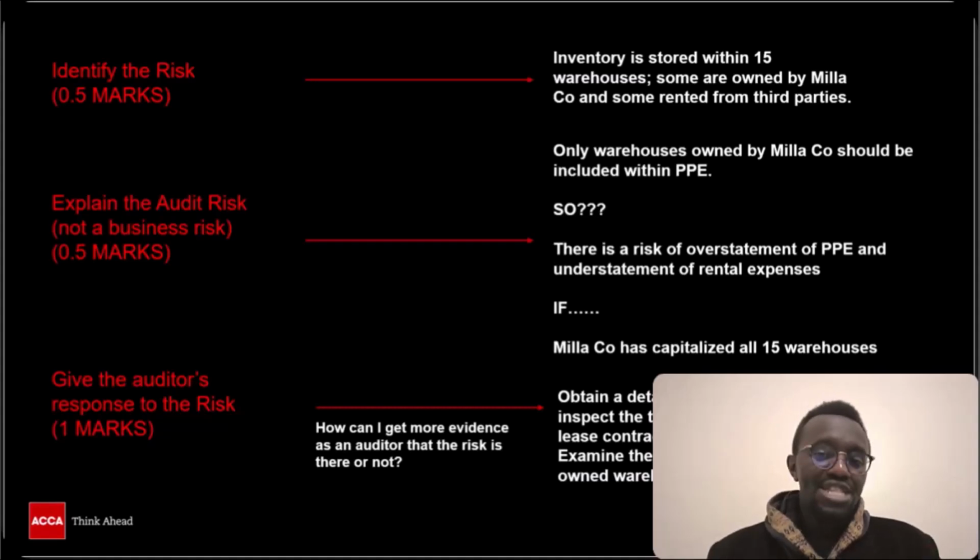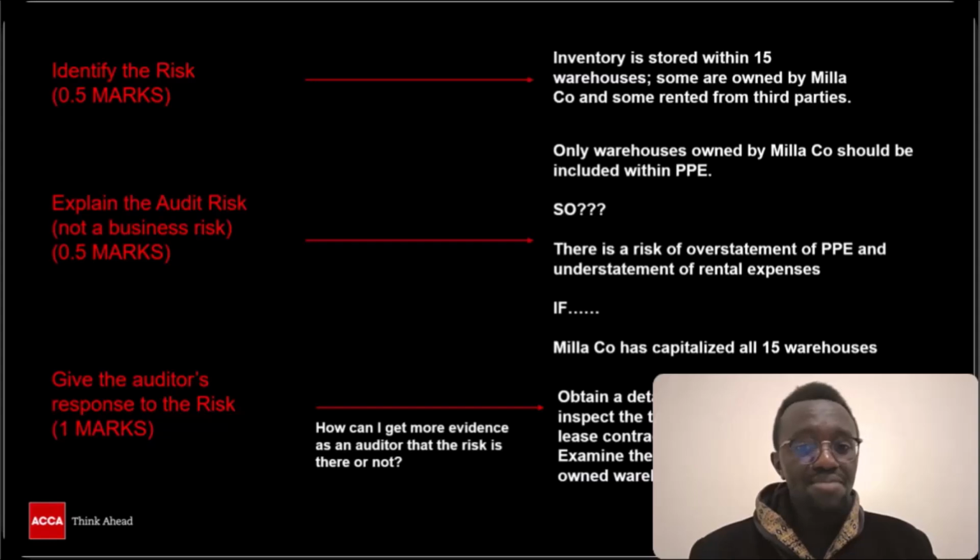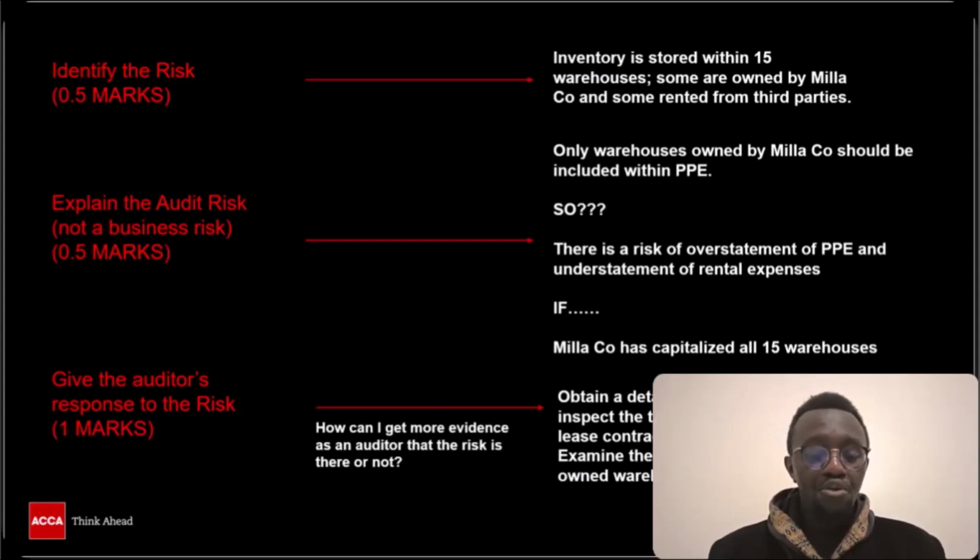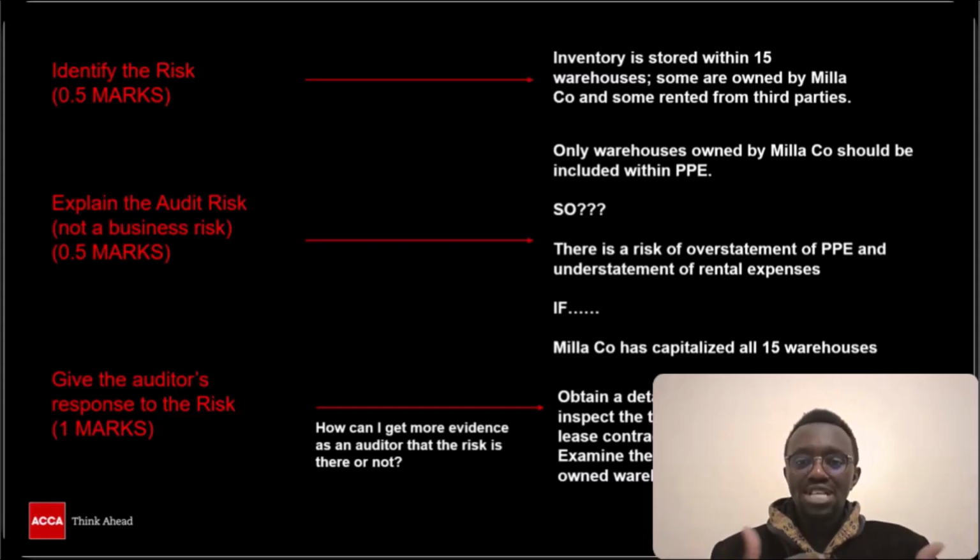Okay, then I haven't added this part, but what about the others? Well, you could verify that rental expenses for the leased warehouses are correctly recorded in the income statement, on the statement of profit or loss. You see, I've already been able to separate because I've obtained the listing of all warehouses and I've been able to inspect their respective documents: the title deeds, the purchase agreements, the lease contracts.